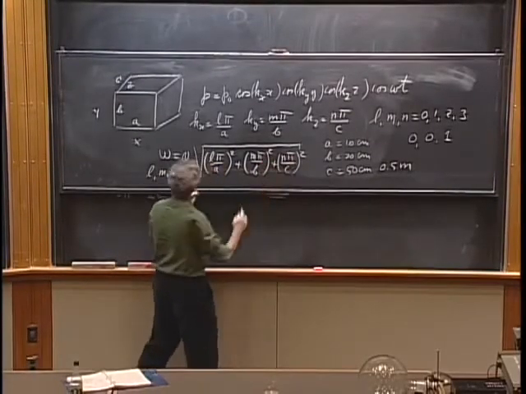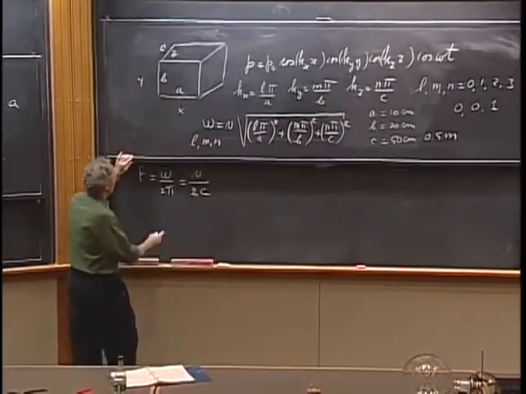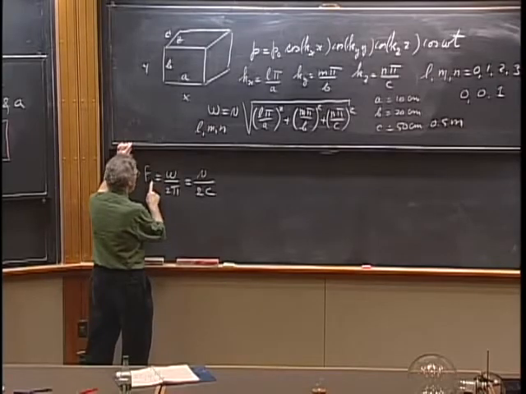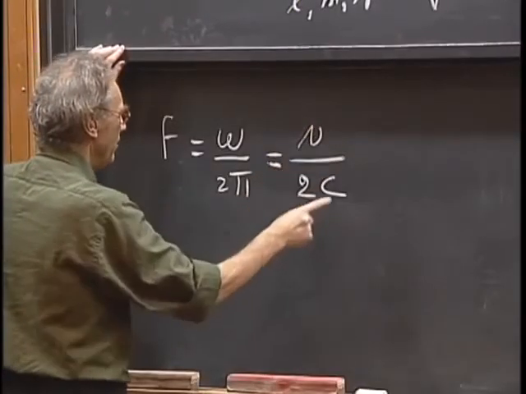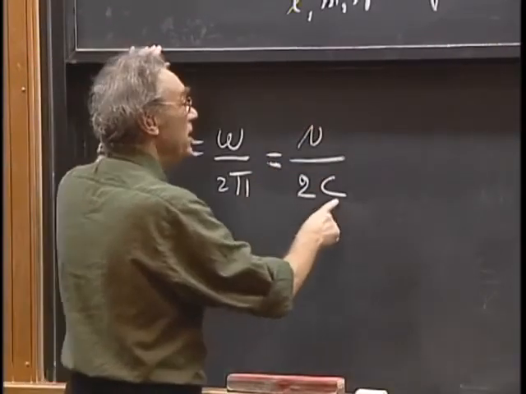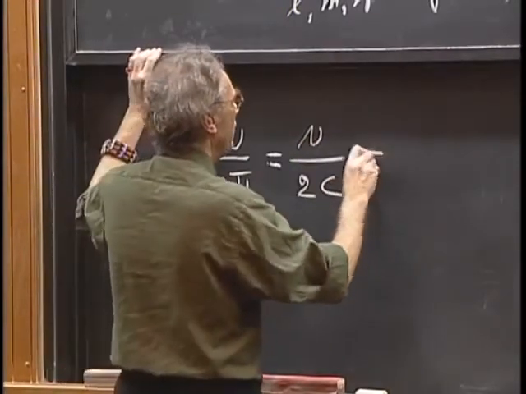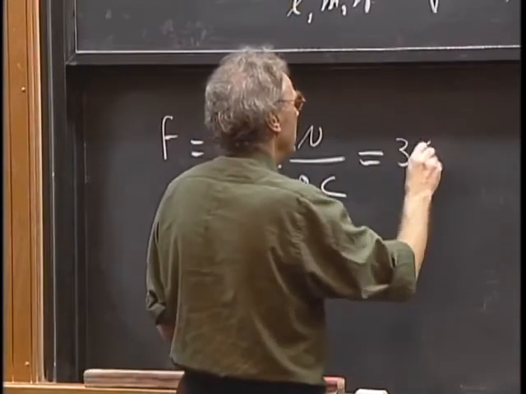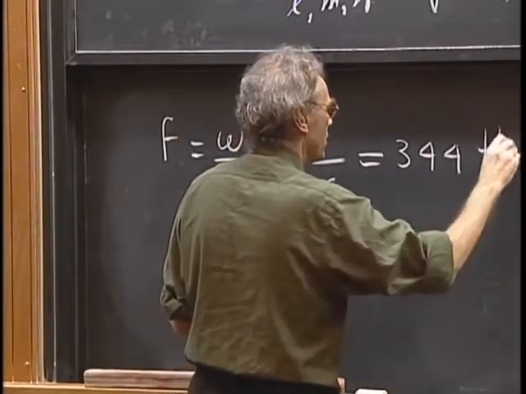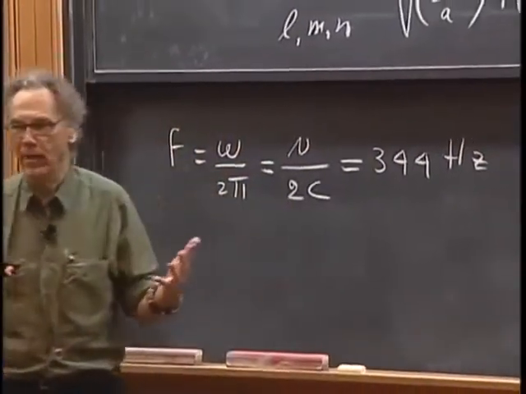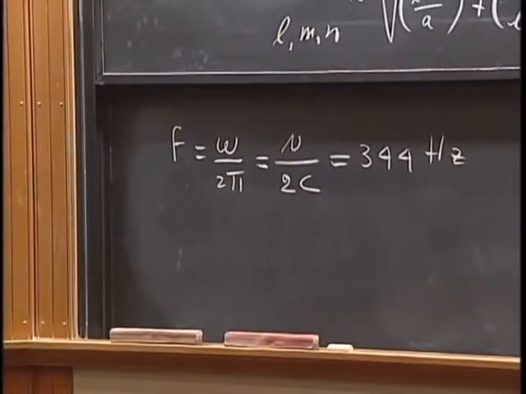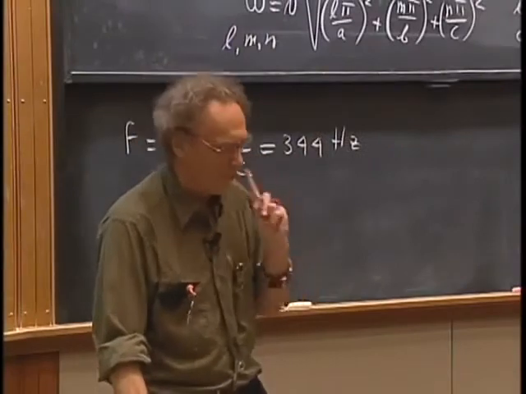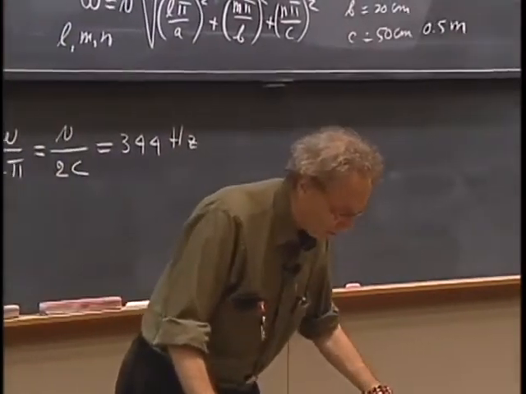This is 0, so I get 1 over c, and the 2 comes from this. So the frequency, that is the lowest possible frequency, is v divided by 2c. c being now half a meter, and so if v is 344 meters per second, then the lowest frequency is 344 hertz. And I proudly demonstrated that to you. Our prediction was accurate to better than 1 hertz. We had exactly the 344 as the lowest possible frequency.